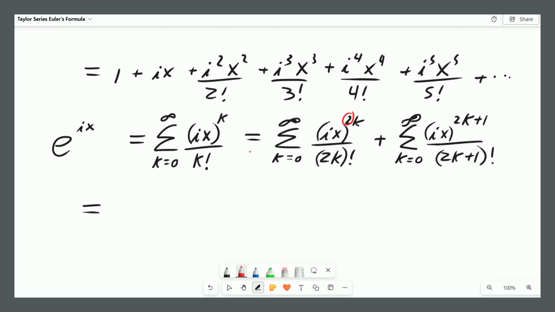Notice this 2 here. When we square the i, we're going to get a negative 1. All right? So here's what that's going to look like. Okay?